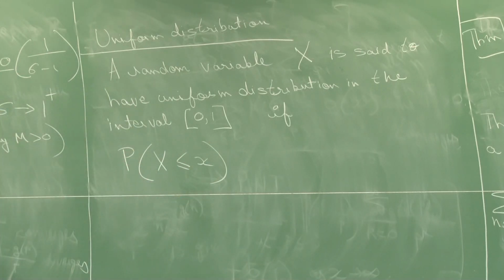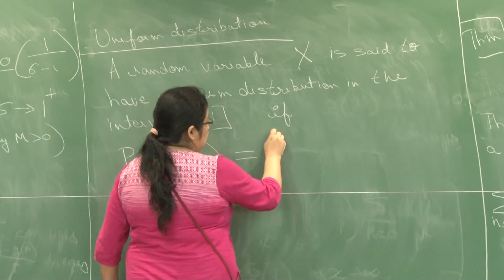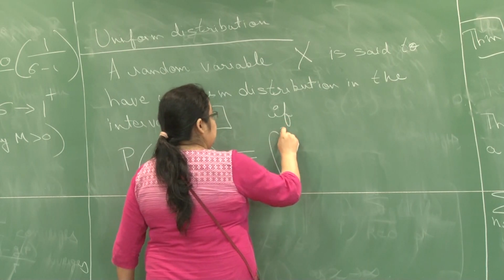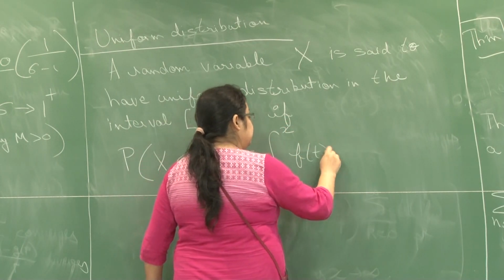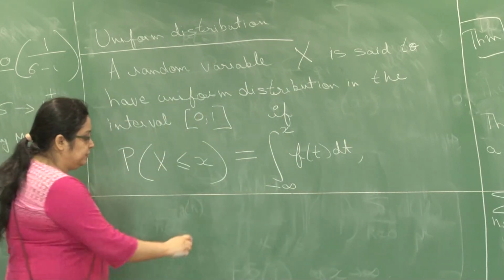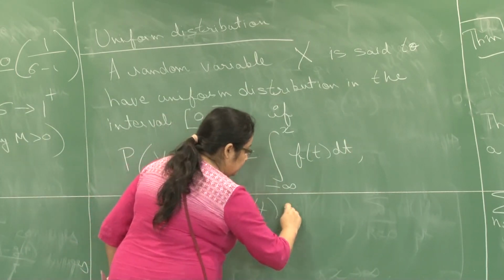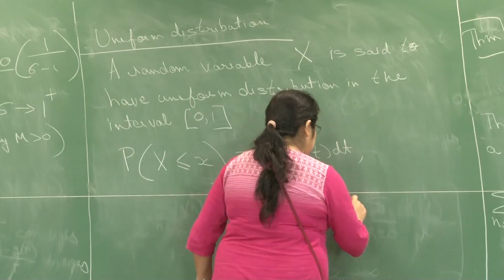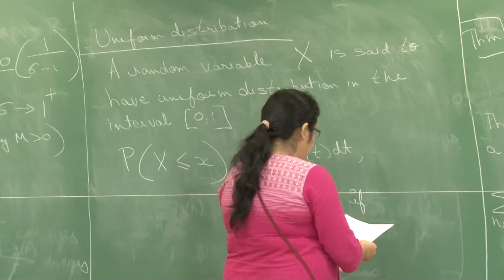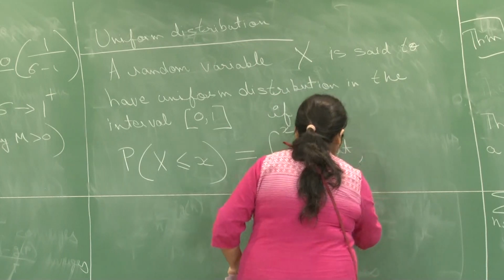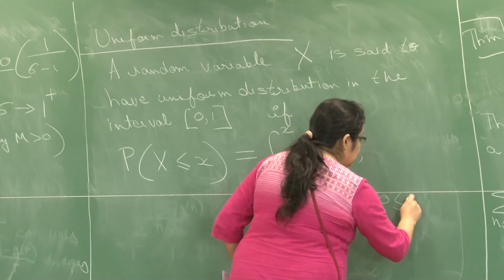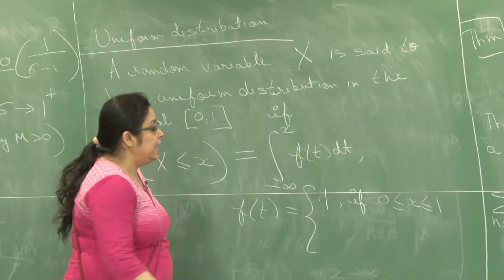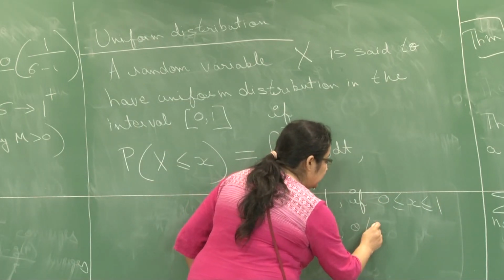for any real number little x, the probability that capital X is less than or equal to x is given by the following density function, where f of t is 1 if t lies between 0 and 1, and it is 0 otherwise.